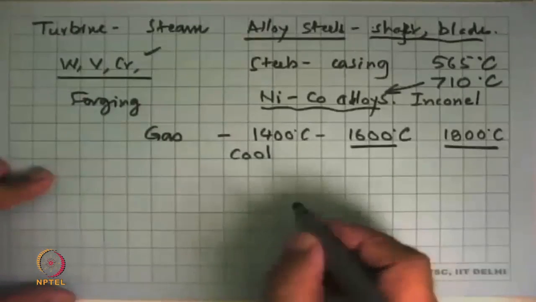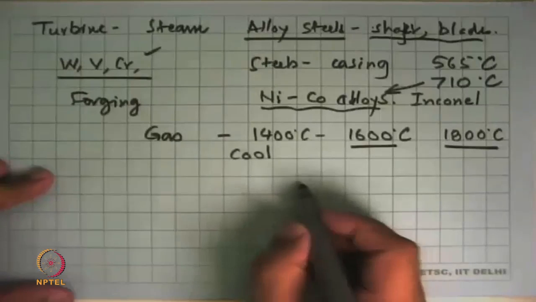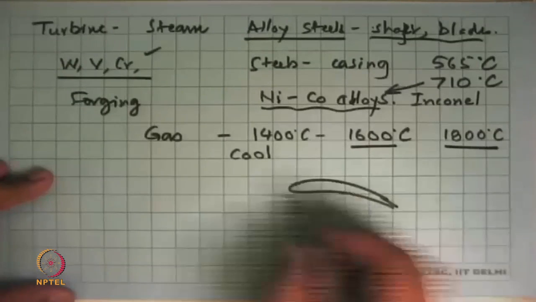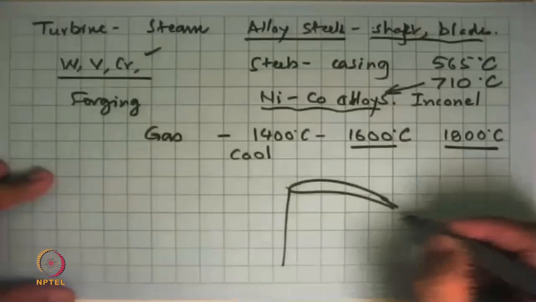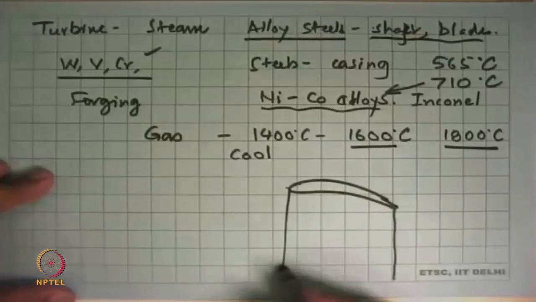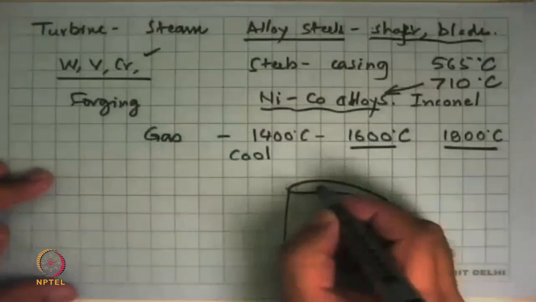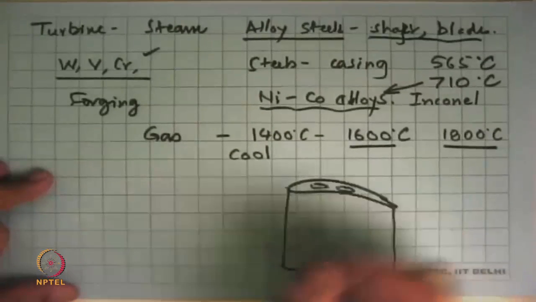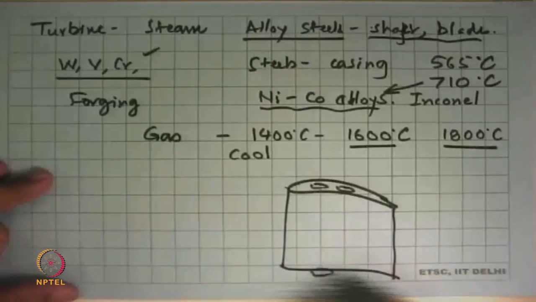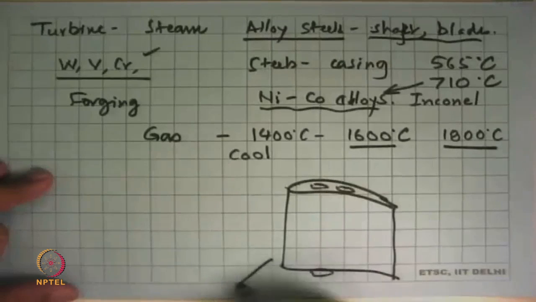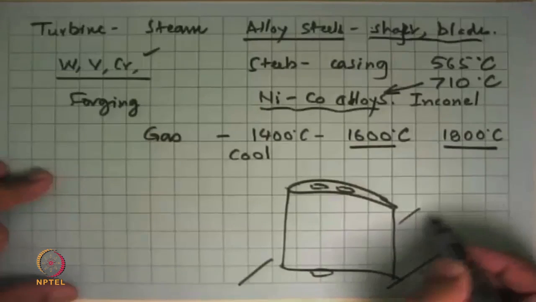So what is done is that as the flow takes place over these turbine blades, this is a typical sketch of a turbine blade. What is done in this blade is that these are hollow. At the base also they are hollow, and they sit on the rotor. So this is the shaft.